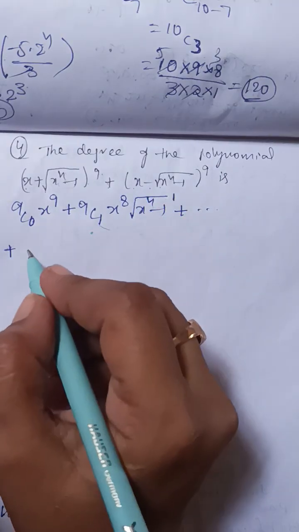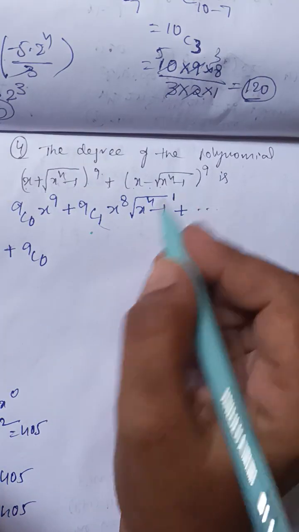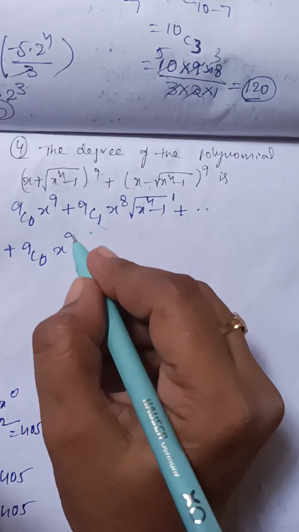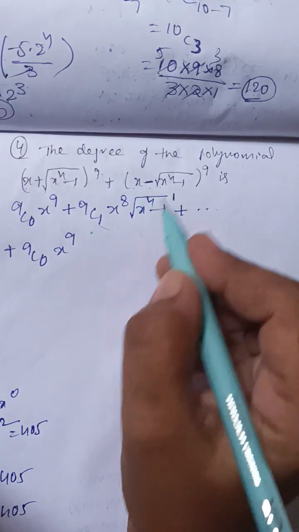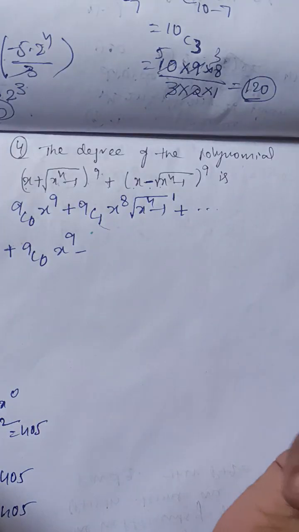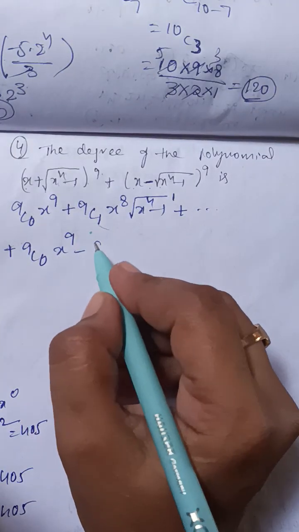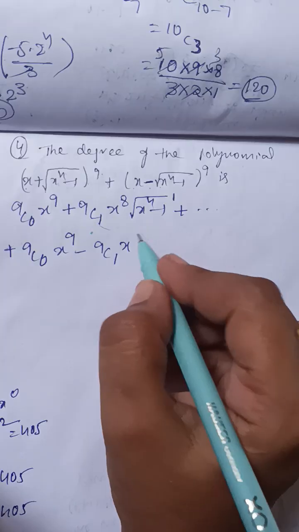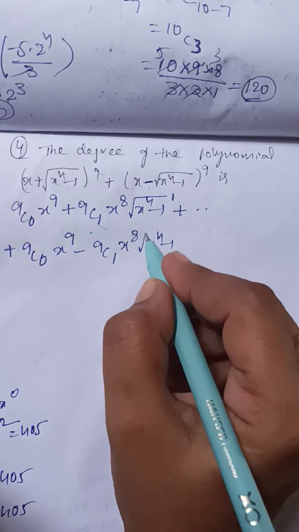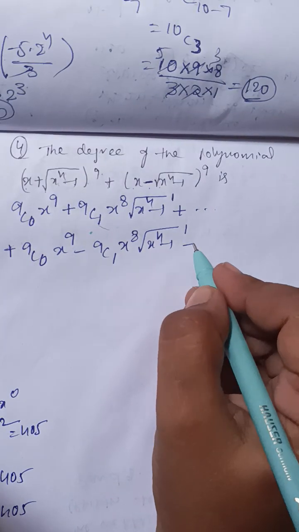And in the second expansion, 9c0 x power 9, this is minus, so take alternate plus minus, so minus 9c1 x power 8 into (root of x power 4 minus 1) whole power 1 plus so on.